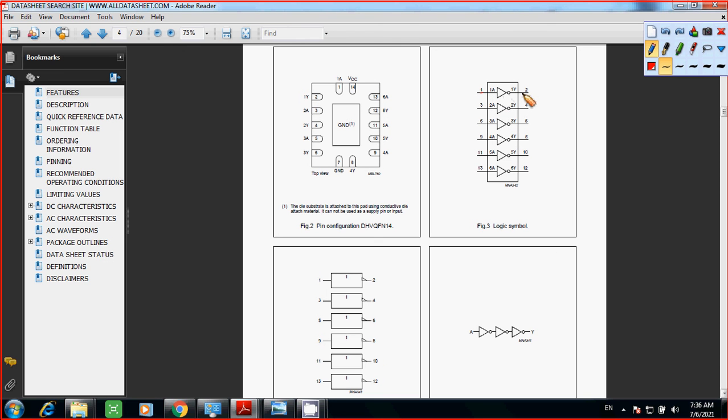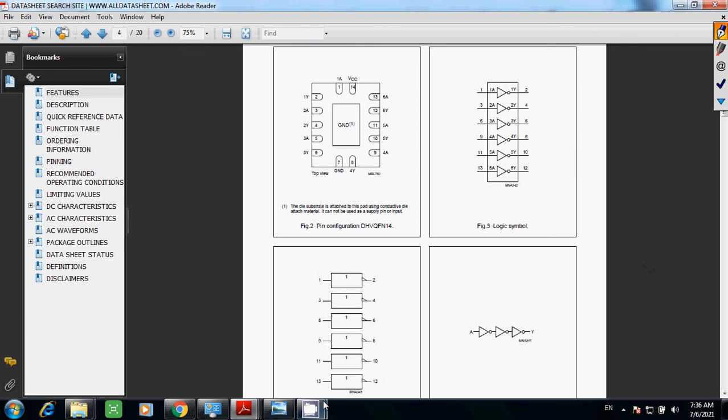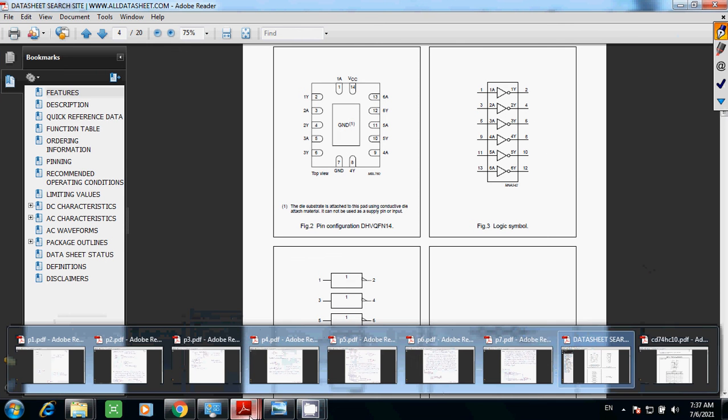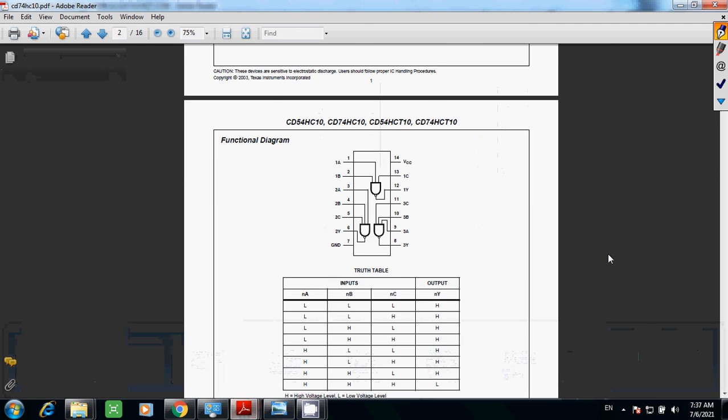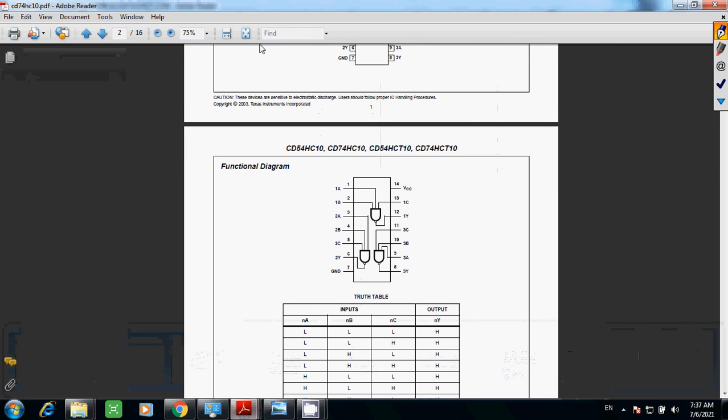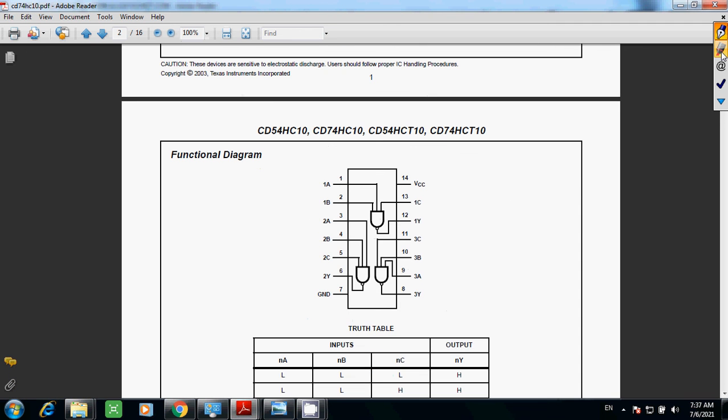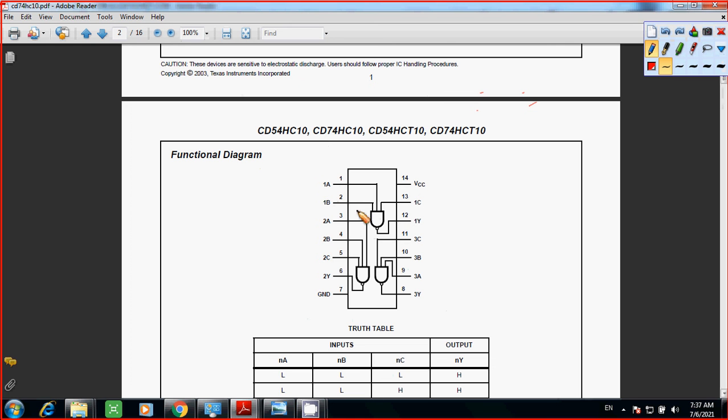Pin number 1 is the input, pin number 2 is the output, 3, 4, and etc. Now for the 3 input NAND gate, sorry, you can see that this is your NAND gate.